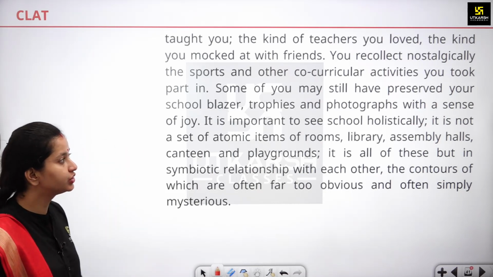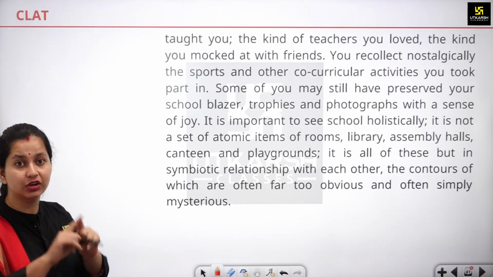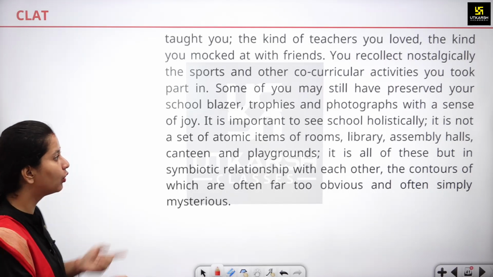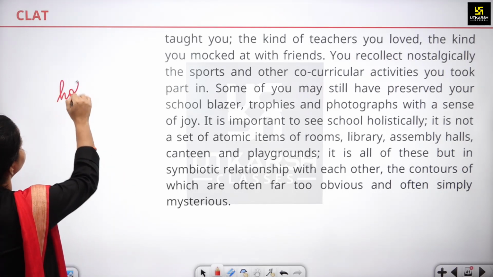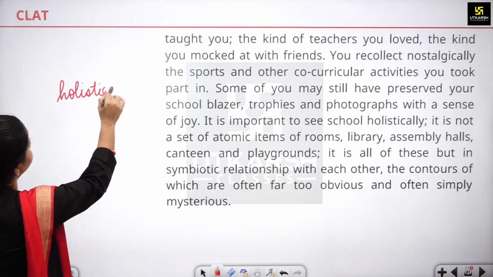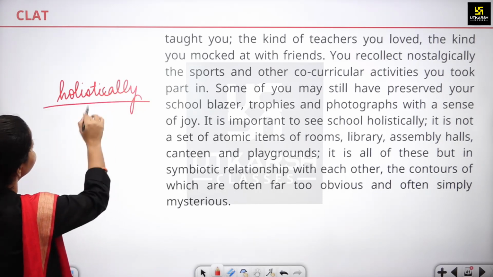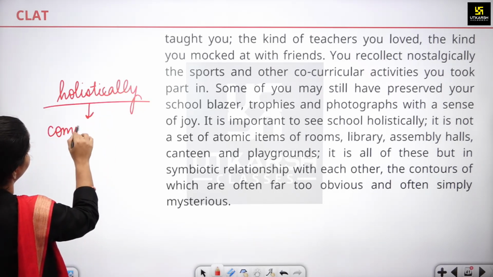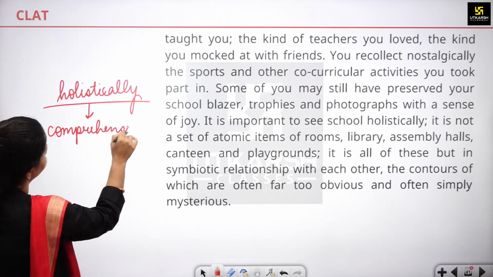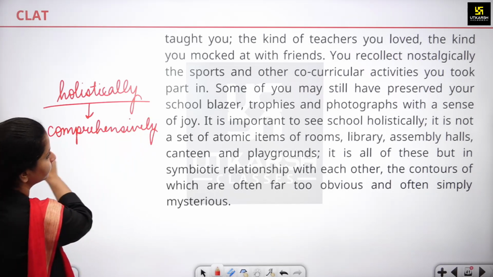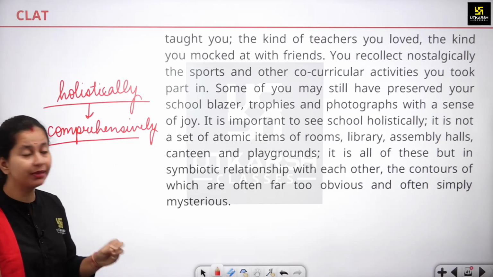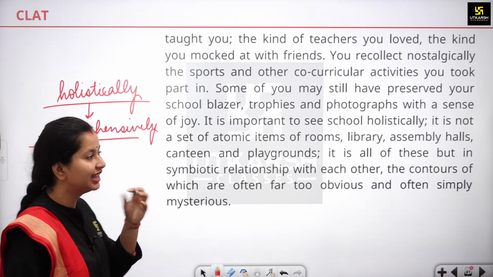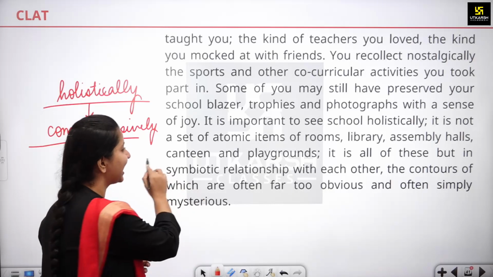It is important to see school holistically. It means comprehensively, as a whole. Holistically means comprehensively. It is not a set of atomic items of rooms, libraries, assembly halls, canteen and playgrounds.